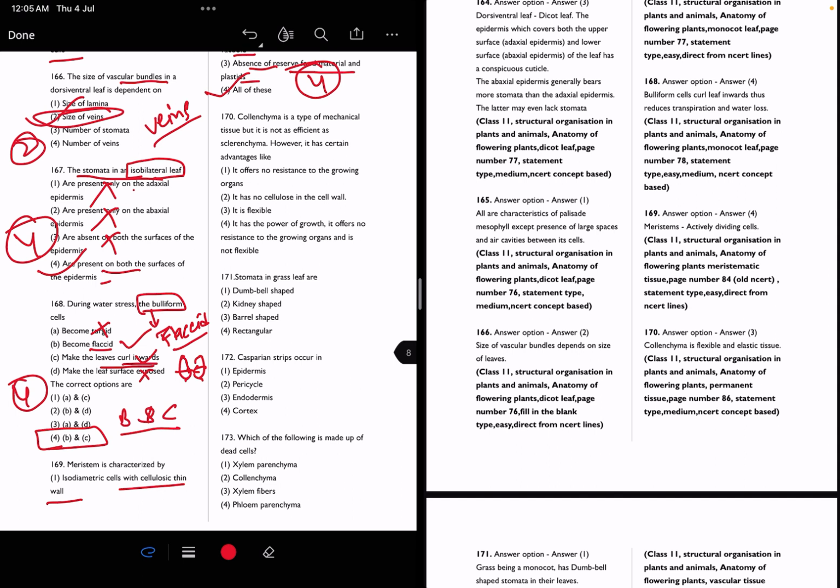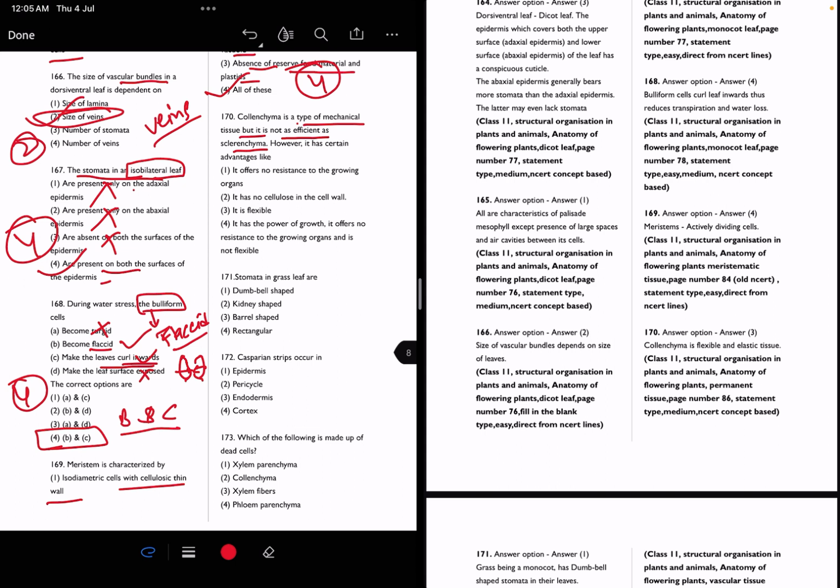Now see question 170. Collenchyma is a type of mechanical tissue but is not as efficient as sclerenchyma. There are two types of mechanical tissue, collenchyma and sclerenchyma. Sclerenchyma is more rigid and mechanical compared to collenchyma.